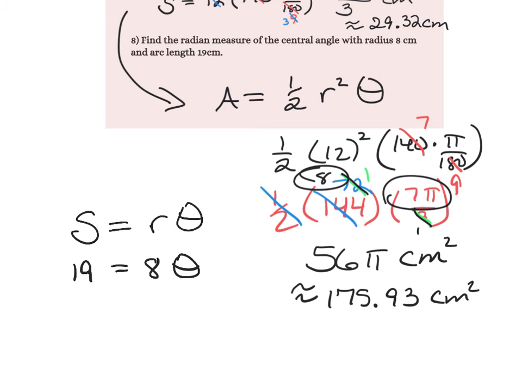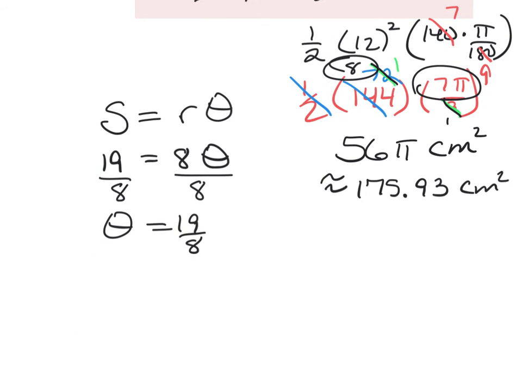So if they just asked us to leave it, then our answer for theta is 19/8. Some people entered decimals and they got it wrong. For the homework last night, they wanted you to leave it as a fraction. If they said to write it as a decimal, then theta would have been about 2.375, and these are both radians.